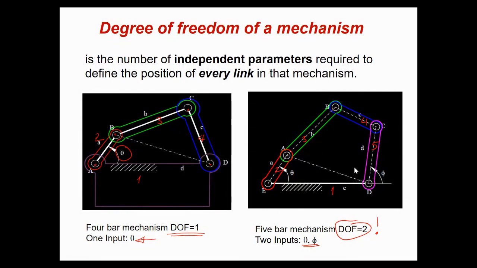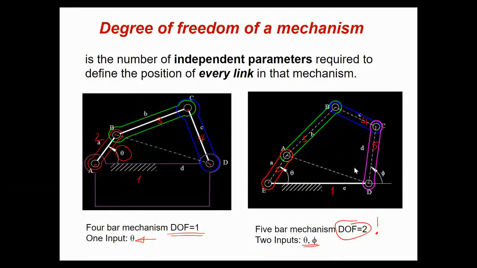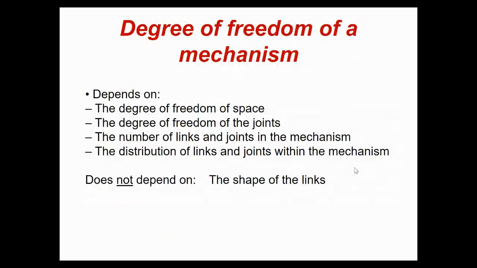Whereas for mechanisms like a 4-bar, you don't need a controller or a control computer to generate the motion. It's uniquely specified. It doesn't need anything. You just connect the motor to it and rotate it.